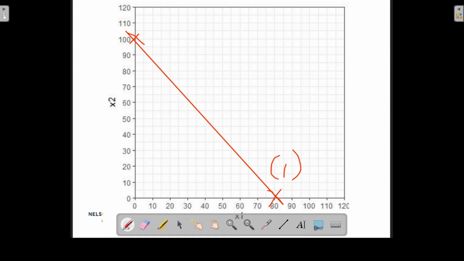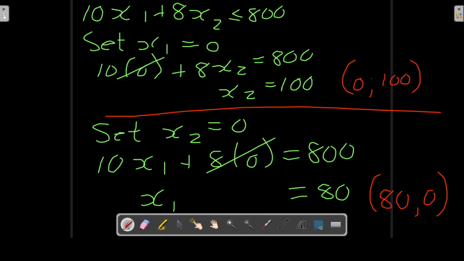To know whether the constraint lies below the line or above the line, we choose any arbitrary point. Let's just take the point (10, 10). If we substitute it into this constraint, we have 10 times 10 plus 8 times 10. So that's 100 plus 80.